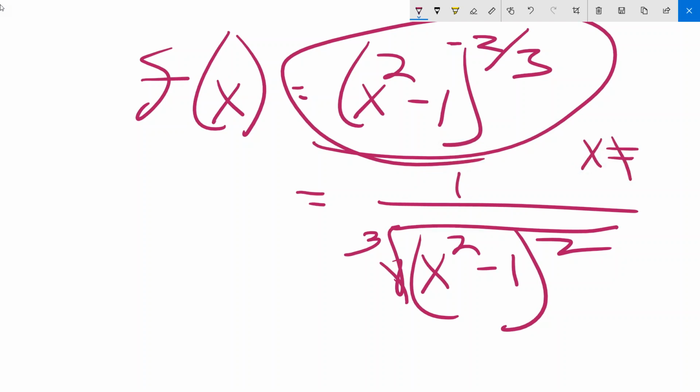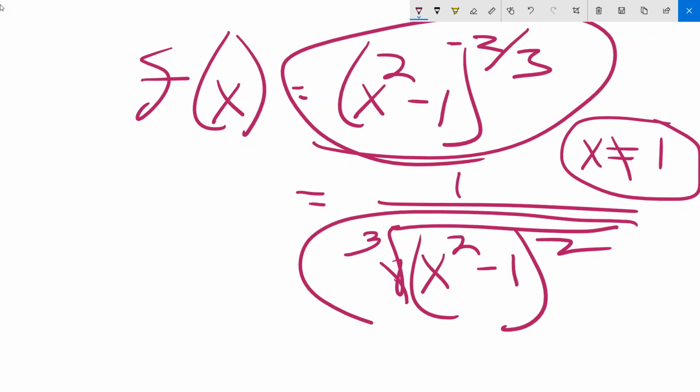No, negative 1 would be okay, because negative 1 makes that denominator minus 2 squared, which is 4, and the cube root of 4 is not 0. So the only thing you have to be careful about with a lot of these domain questions is don't let the denominator be 0. So start your problem out with that cannot be equal to 0. So what does that mean? It means x can't be equal to 1. That's right.